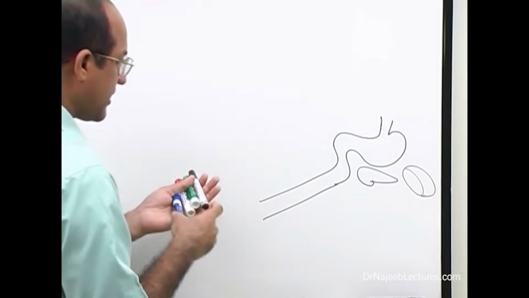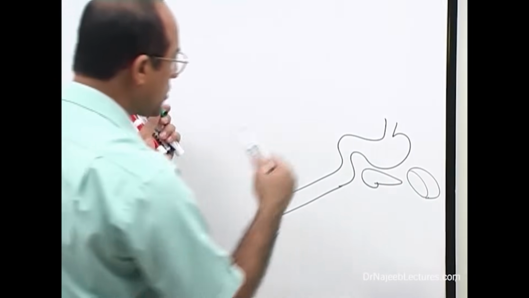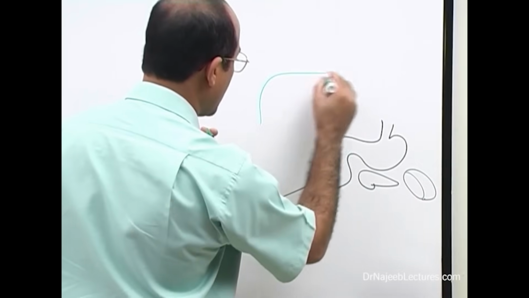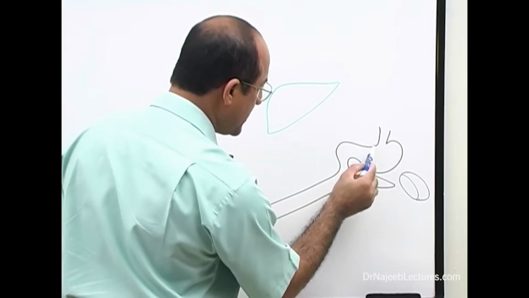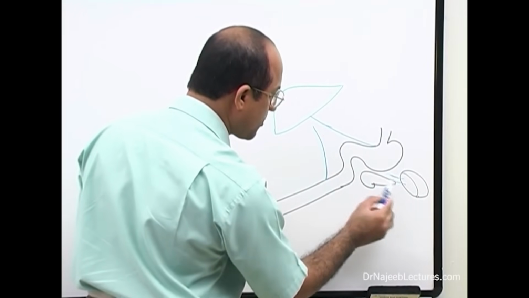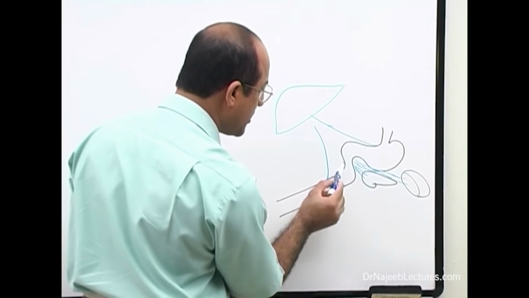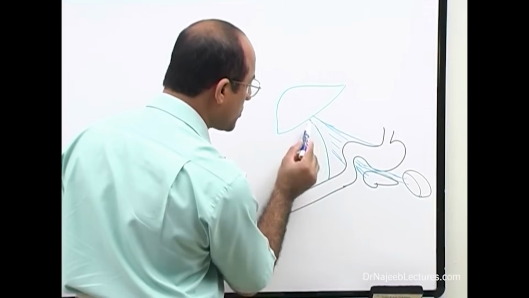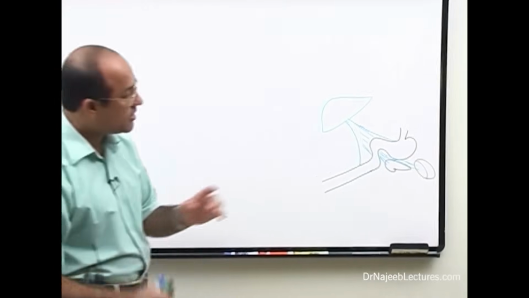Blood from all these organs is going to the liver: the venous blood from the GIT, as well as the splenic vein and the pancreatic venous drainage, all of this is going to the liver. This is the first thing you should understand.